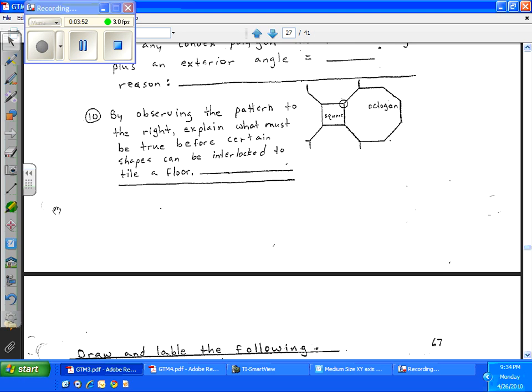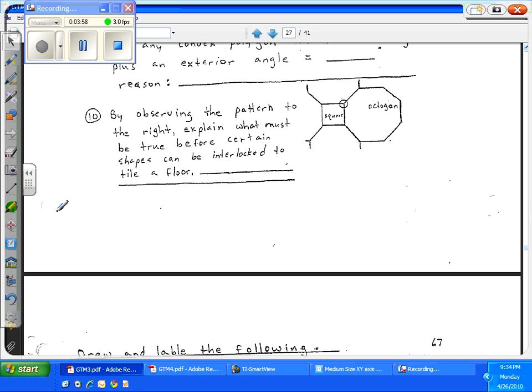By observing the pattern at the right, explain what must be true before certain shapes can be interlocked to tile a floor. Notice that if we connect an octagon with another octagon with a square, then they'll interlock. You could tile a floor that way. Now, why does that work for an octagon and a square?